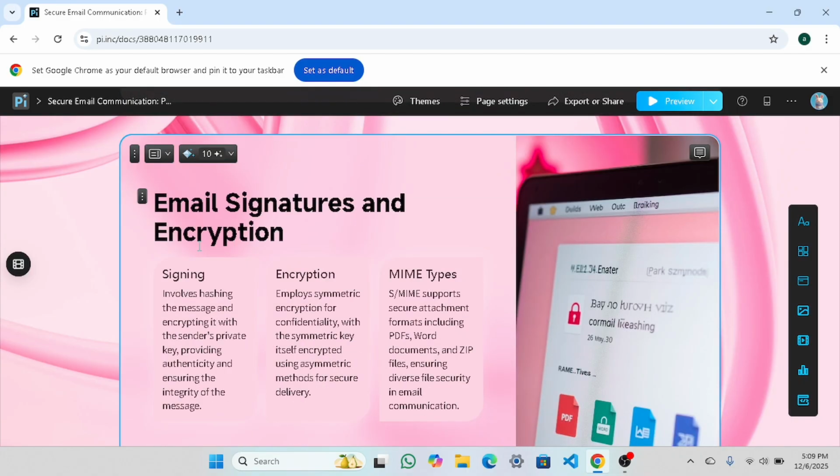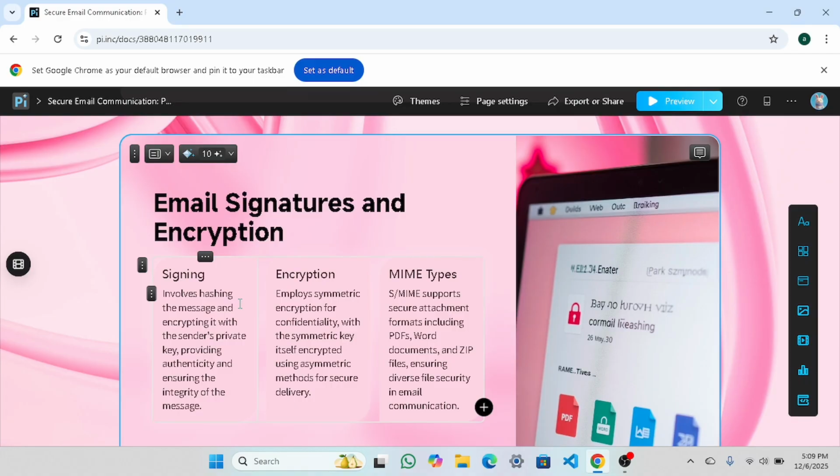Now, email signatures and encryption. Moving on to signing, encryption, and MIME types. Signing involves hashing the message and encrypting it with the sender's private key. As we know, there are two keys for encryption purposes: the private key and the public key. It's a type of asymmetric encryption, which is what is used here.